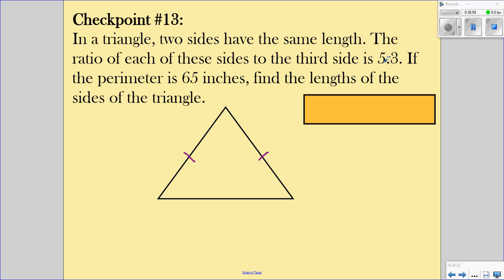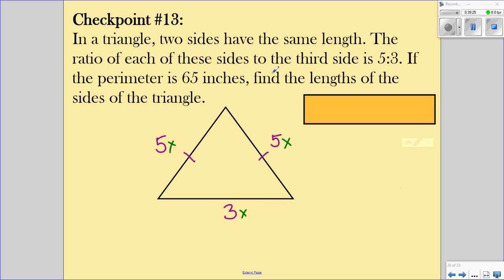So let's look at this again. The ratio of each of the sides to the third side is 5 to 3. So we remember the order. The sides are first, so that means 5, and then to the third side, 3. And then we're going to have the x's there.